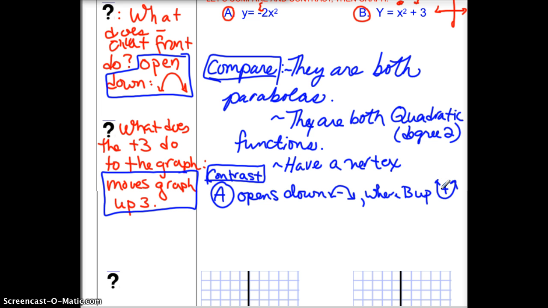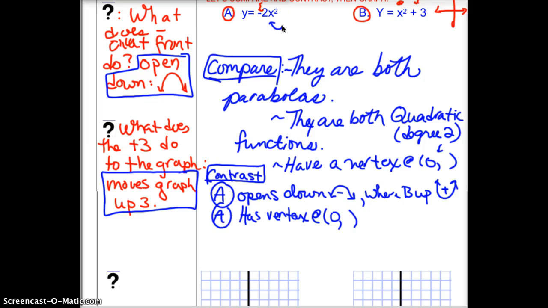All right? What else is different about them? A has a vertex at 0, comma. By the way, they both have a vertex at 0, comma something, which is similar about them, but what I put in this slot here is different on both. A has a vertex at, well, let's put 0 in for x.